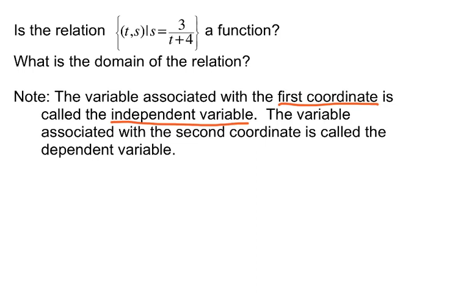The variable that comes first is playing the role that we usually expect x to take. The variable associated with the second coordinate is called the dependent variable. The second coordinate is taking the role we expect y to take. If that helps you see what to do, that will help a little bit.